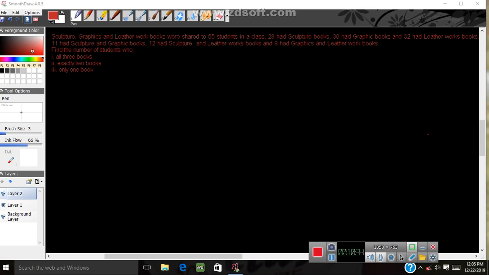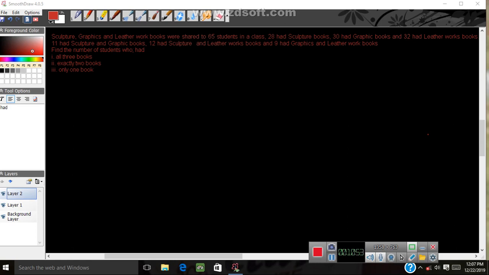Find the number of students who had, I think there must be had there, let me do the correction. So find the number of students who had all three books.